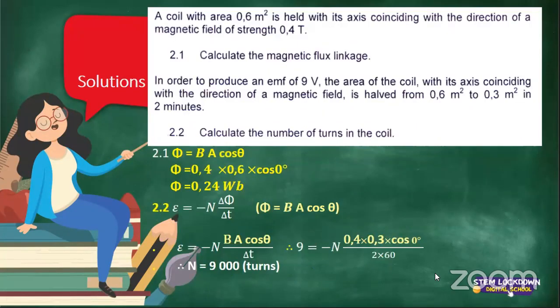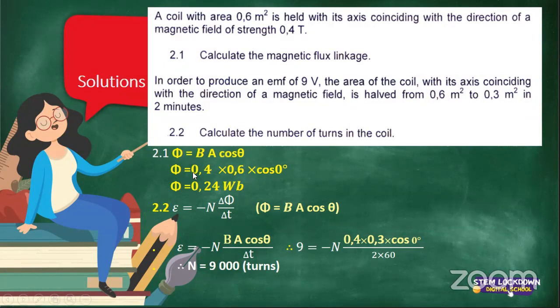Right. The second question was: a coil with an area of 0.6 square meters is held with its axis coinciding with the direction of the magnetic field of strength 0.4 Tesla. Calculate the magnetic flux linkage. So magnetic flux linkage equals what? It equals BA cos theta. So what is BA here?